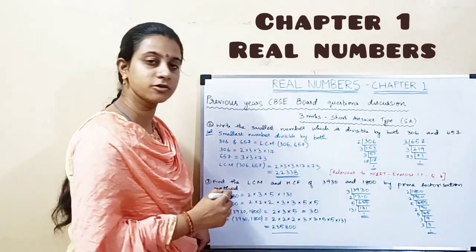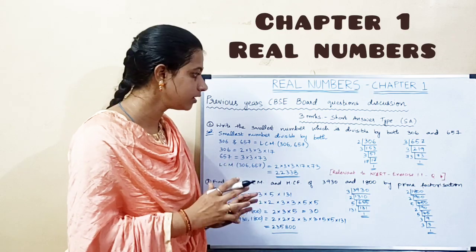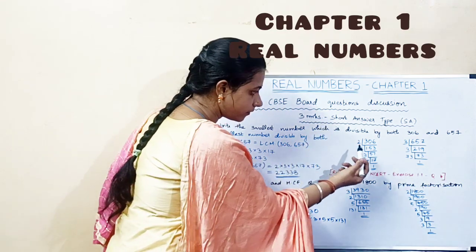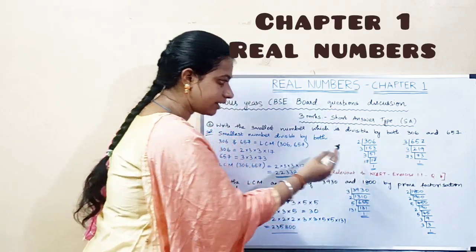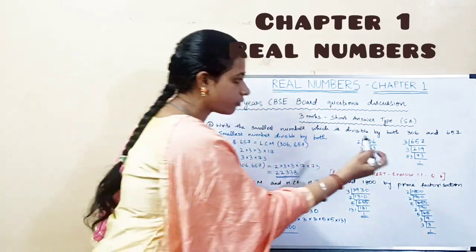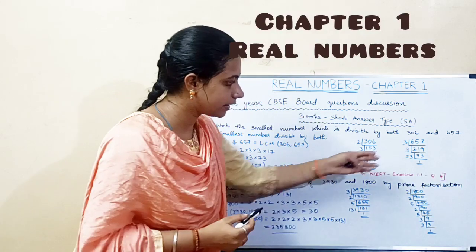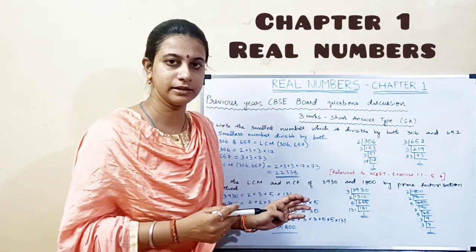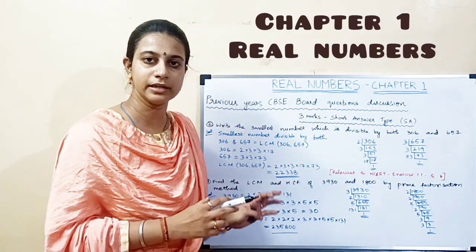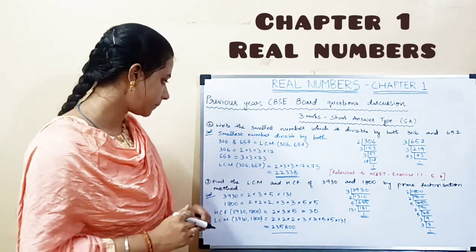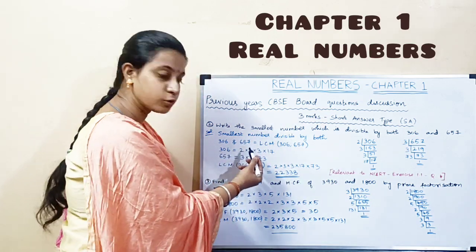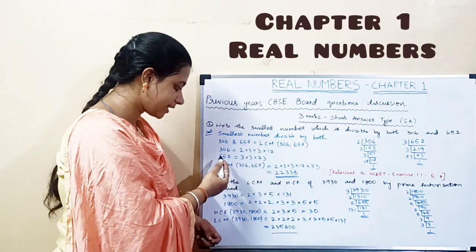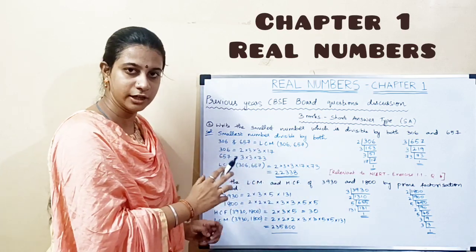306, it is an even number, so as usual we will proceed with the factor 2. So we will get the factors 2 into 3 into 3 into 17 for 306, and for 657 we will get 3 into 3 into 73, and we will stop here because 73 itself is a prime number. So 306 is equal to 2 into 3 into 3 into 17, and 657 is 3 into 3 into 73.